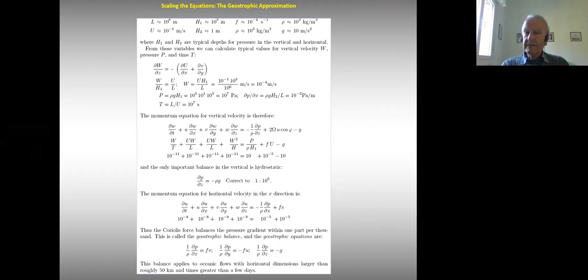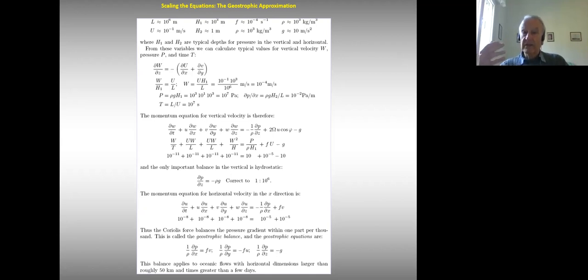So that means that if we are dealing with a time scale of 10 to the 7 seconds, which is around 100 days, and with processes which have a spatial scale of 10 to the 6 meters, so 1,000 kilometers, you can assume the geostrophic equilibrium.